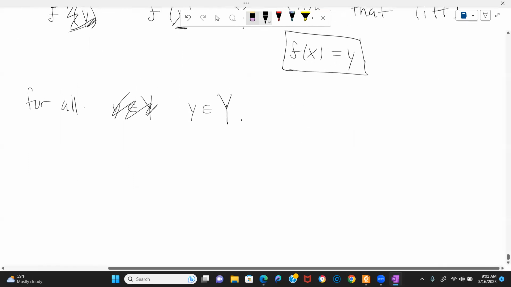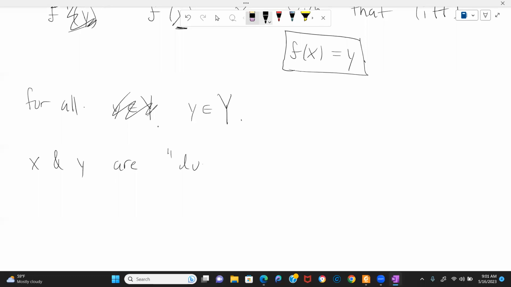So what we can say then is that x and y are like dummy variables. They're just placeholders, and so it doesn't really matter. So you can switch them.